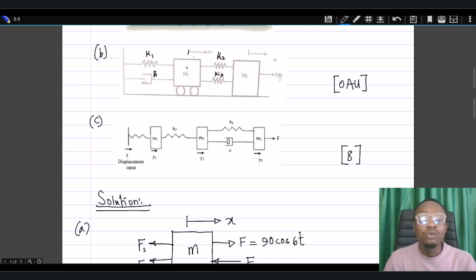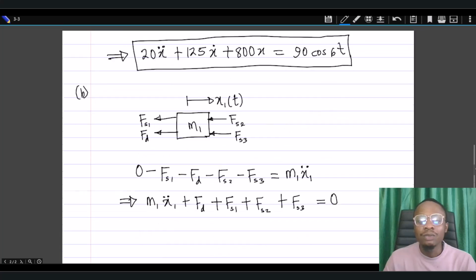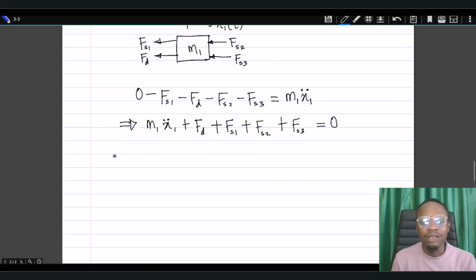So we take this as b x1 dot, because when this is displaced by x1 to the right, the length across this damper also changes by x1 precisely. So what we have here gives M1 x1 double dot plus b x1 dot. We've taken care of Fd now.